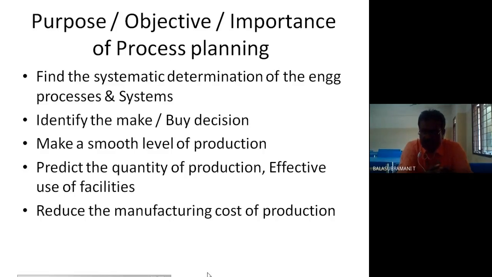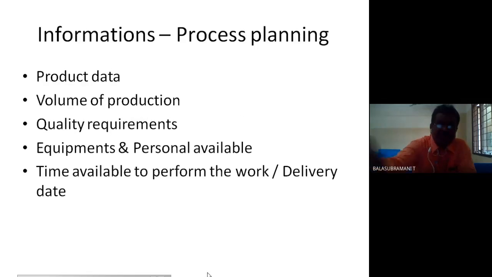Process planning is a main part of the manufacturing industry. If you select the correct or exact process planning, you may achieve the exact product and create a demand in the market also. If you fail in the process planning, your entire production may be spoiled. That is called the importance of process planning.